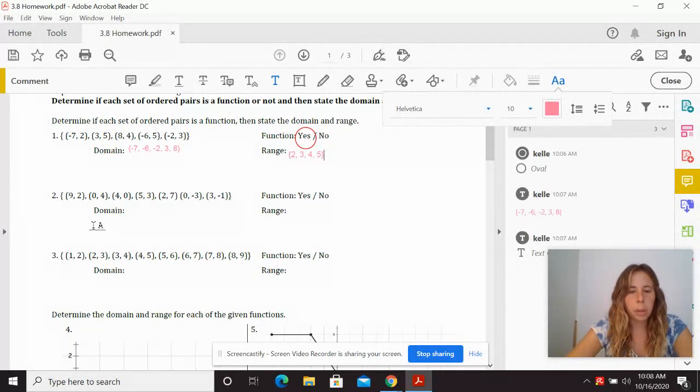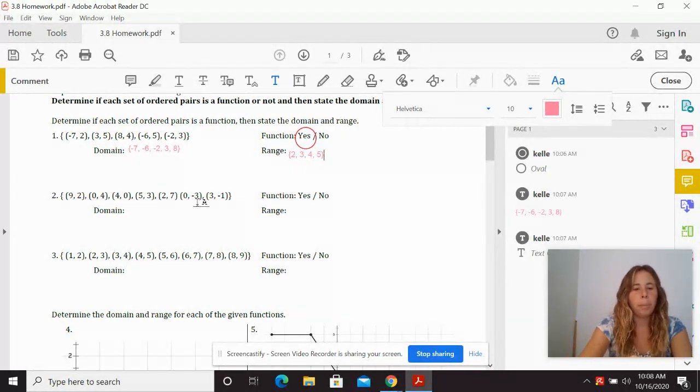Okay, number 2, is it a function? So are my x values only equal to one y value? So let's see, 9 is 2. There's no other 9 for x. So that one checks out. What about 0? Oh no, x is 0, y is 4, x is 0, y is -3.